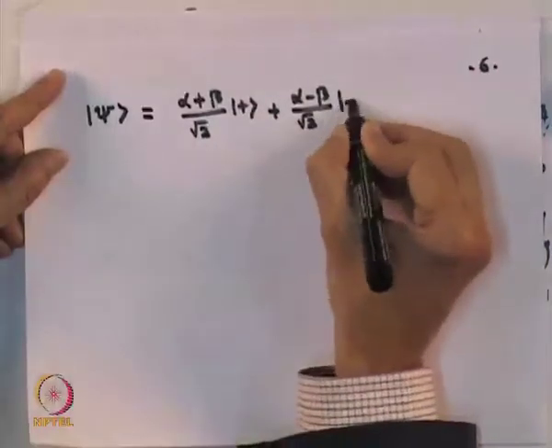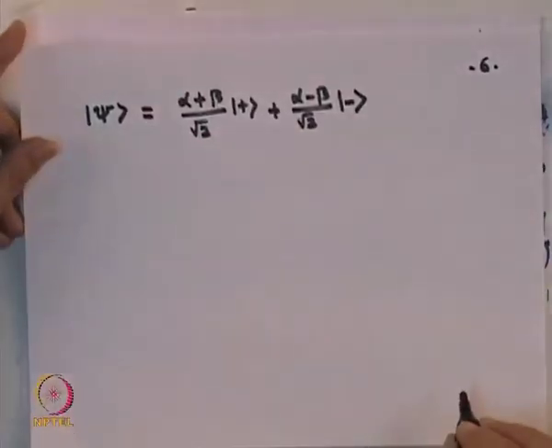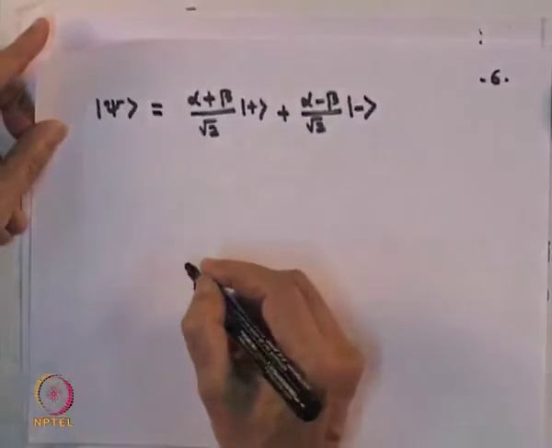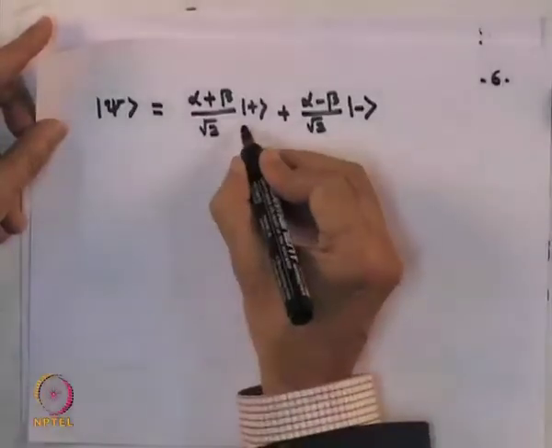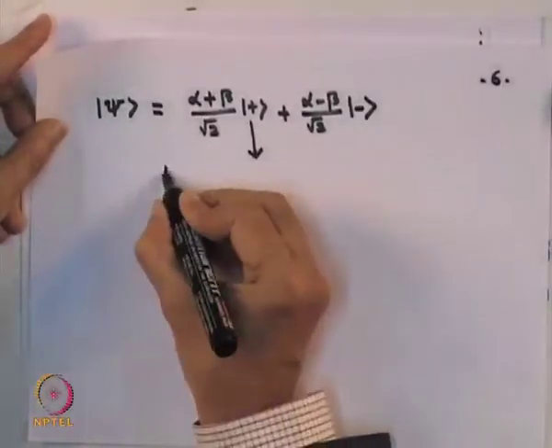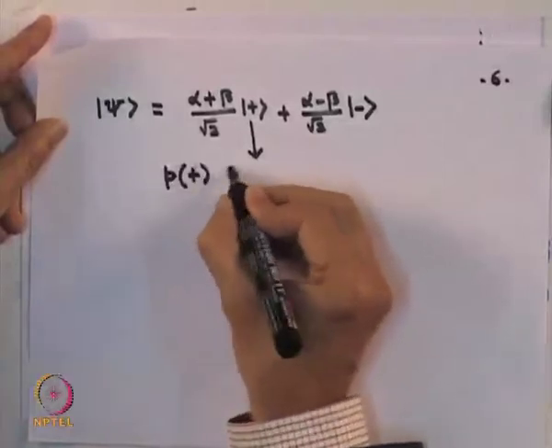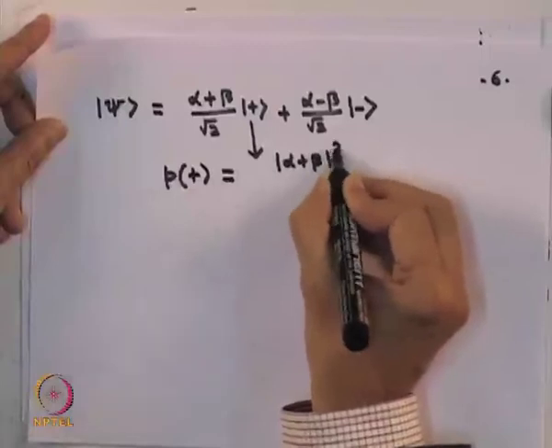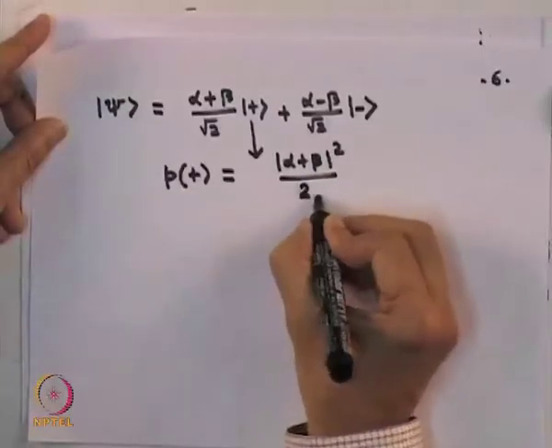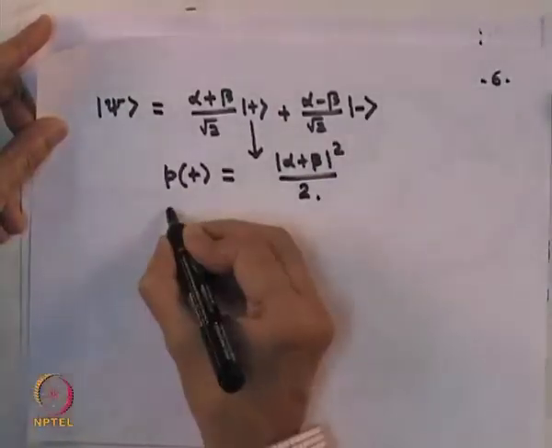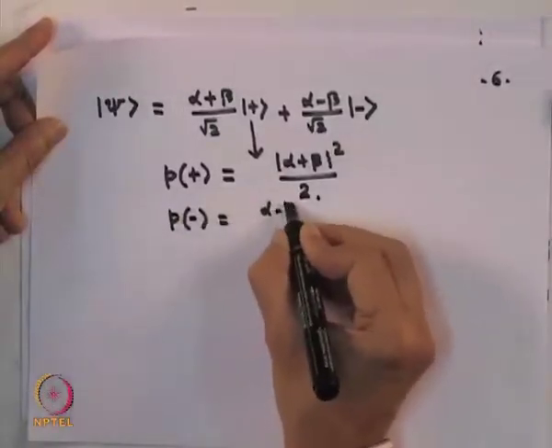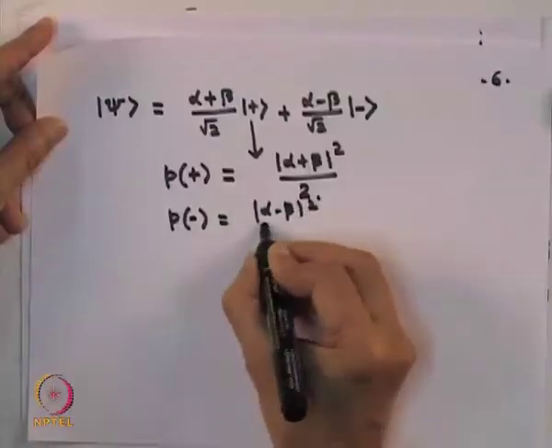This is the same thing re-expressed. Now clearly, if I make a measurement, the probability of getting a plus is given by modulus of alpha plus beta, absolute square, divided by 2. And the probability of getting the result minus is given by alpha minus beta, absolute square, divided by 2.